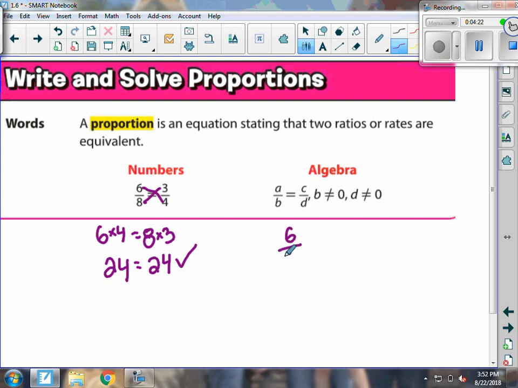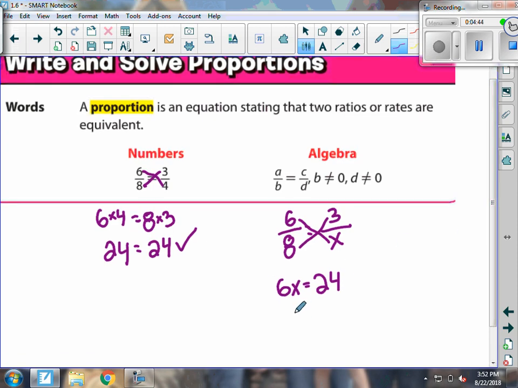So if we had 6/8 is equal to 3 over x, let's say we don't know what this denominator is. We can figure it out by cross multiplying. Okay. So this would be 6 times x, so 6x is equal to 8 times 3, which is 24. And you have to remember back to last year solving one-step equations.